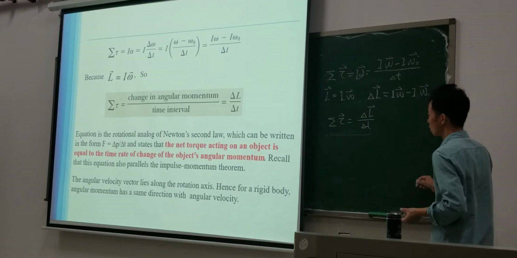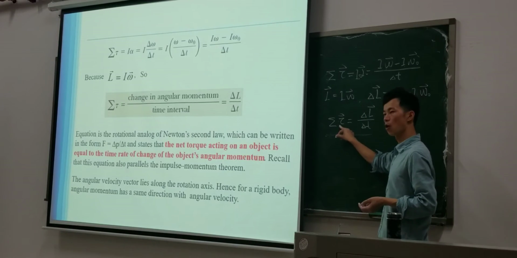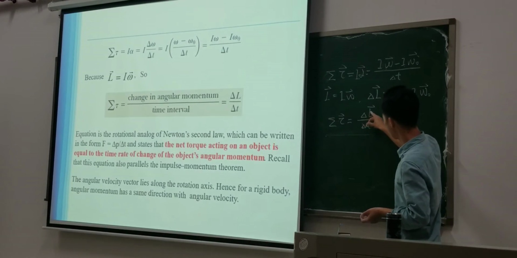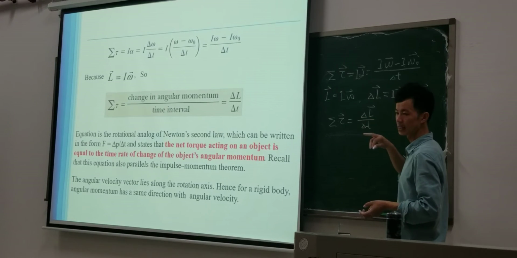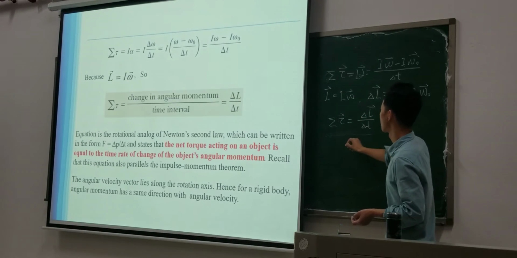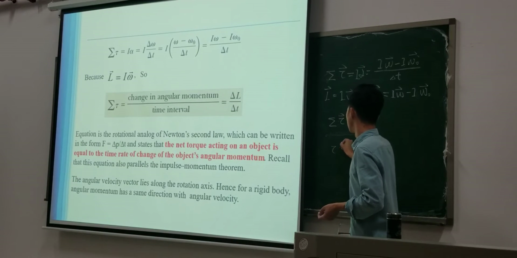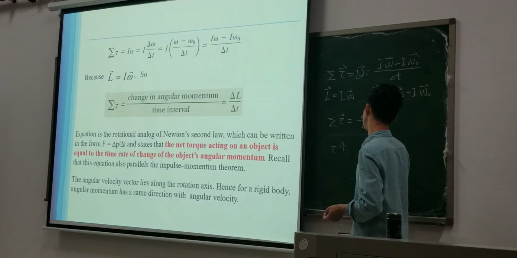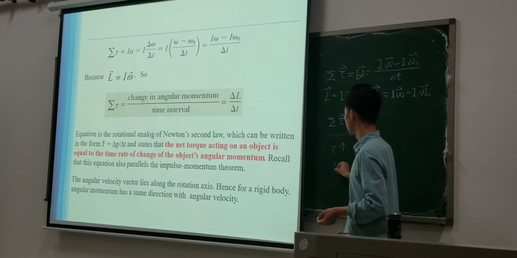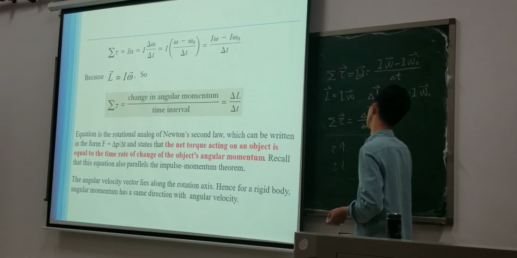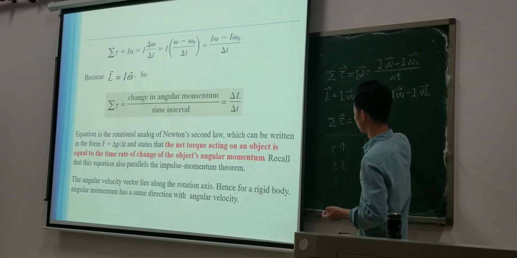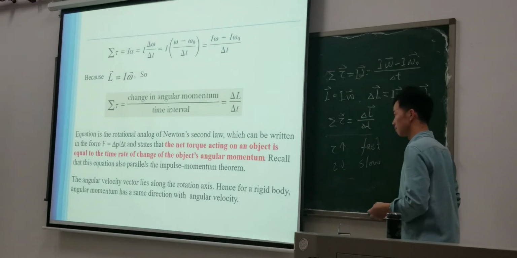So when the torque is large, the angular momentum will change faster. If the torque is small, L changes at a slow speed.